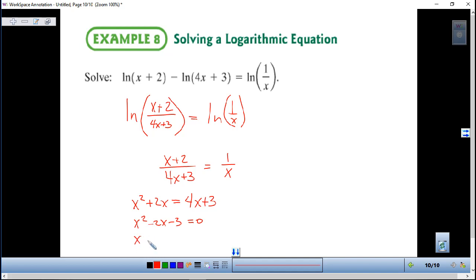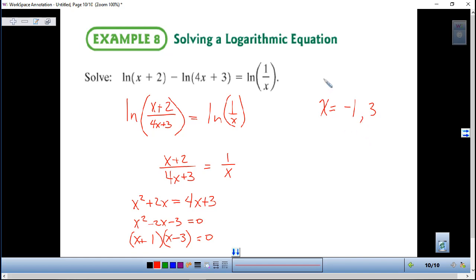Of course, we're going to factor. Different signs, plus and minus. Largest one is going to be the minus. What two numbers multiply to give me 3 and subtract to give me 2? Of course, that's going to be 3 and 1. So that means we have solutions of x equals -1 and positive 3. We set each one of these equal to 0 and solve.